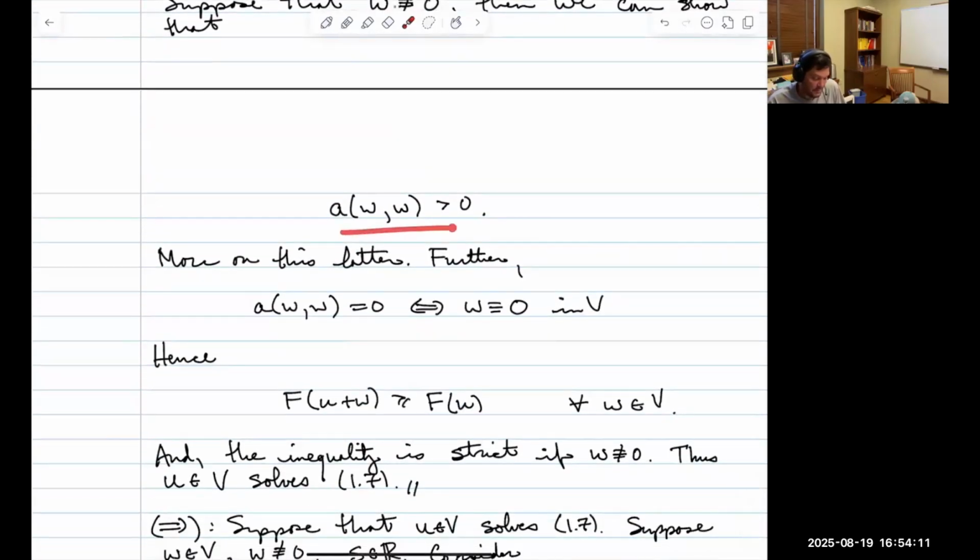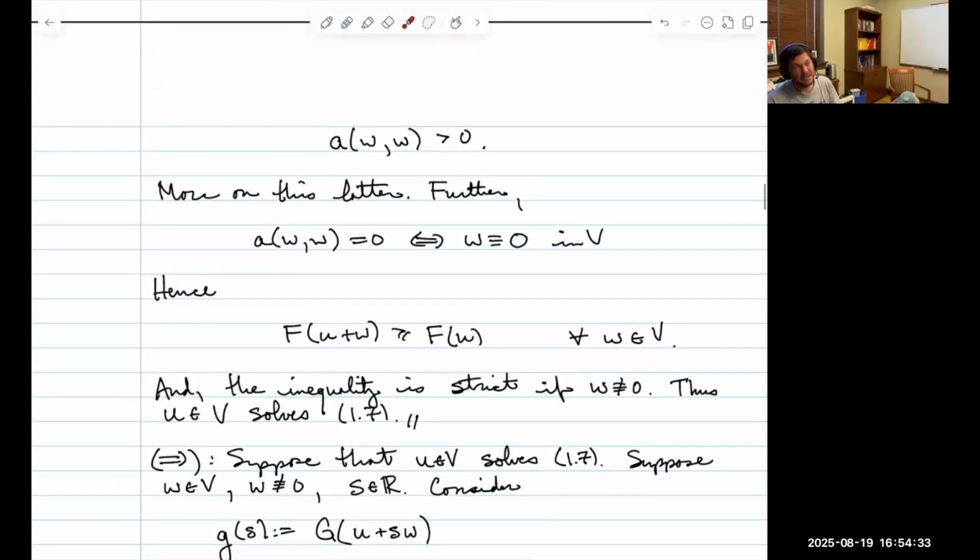We're going to come back to this, but I hope that it's clear using these continuous function spaces. In fact, we can show that A(W,W) is equal to 0 if and only if W is equal to 0 in that space V.